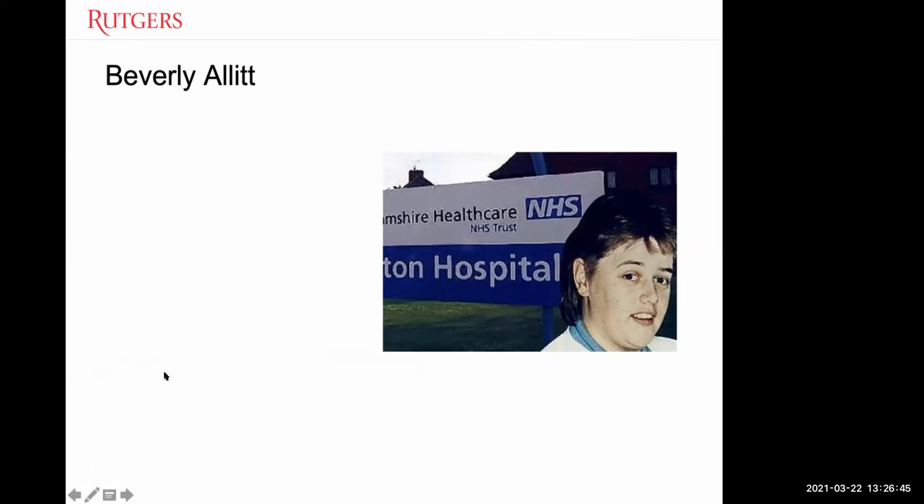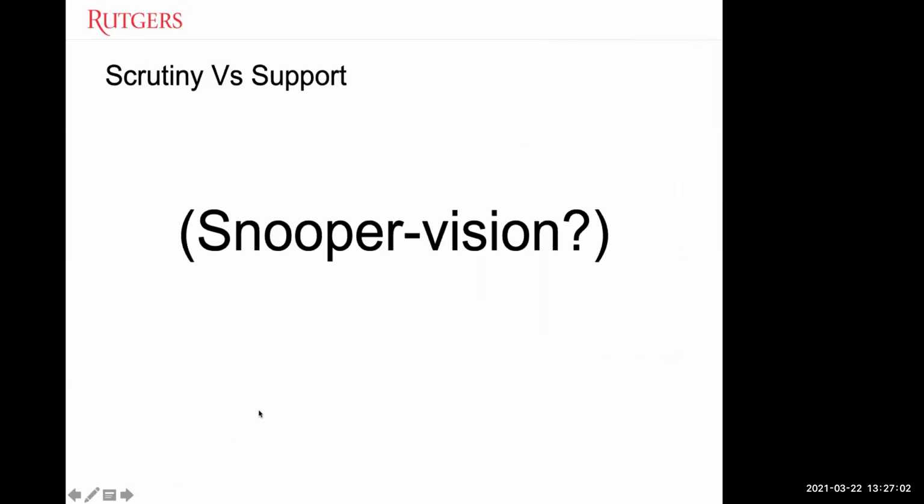A committee was brought together to answer the question, how could this happen? How could this woman get away with killing all these young people? Where was the supervision? And unfortunately, according to Carol Yedich, it led to the development of snoopervision, or I'm sure it existed before that, but at least in England, the focus became scrutiny over support.